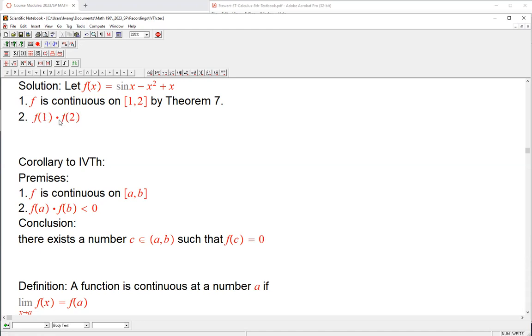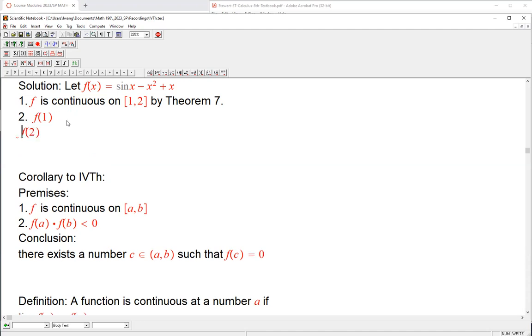You can calculate f of 1 and f of 2 separately by plugging into the function. For f of 1, we have sine of 1, and this is 1, and this is 1. What is the value? If you don't have a calculator, you can see this makes 0, but what is sine of 1? You can use a calculator, that's good to know, but this 1 is treated as a radian.